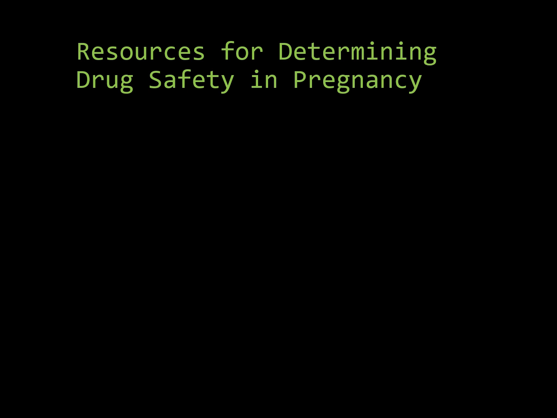Resources for determining drug safety in pregnancy. It's very unethical to perform clinical trials on this aspect, so there are few clinical trials to evaluate the safety of drugs in pregnancy.